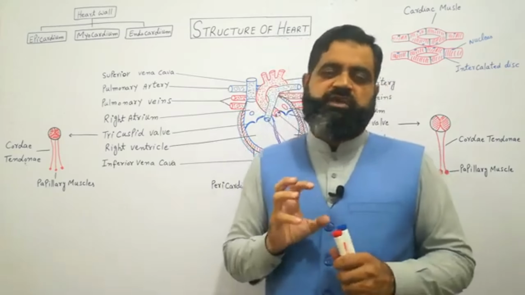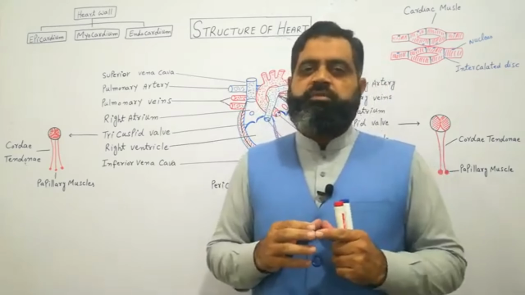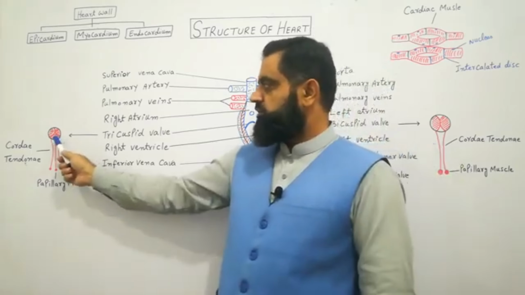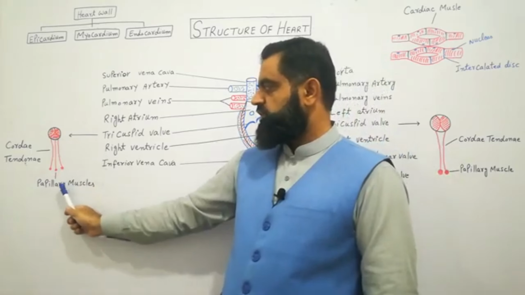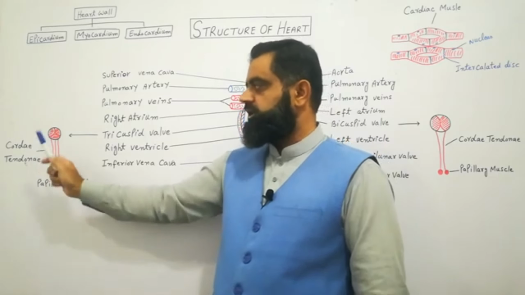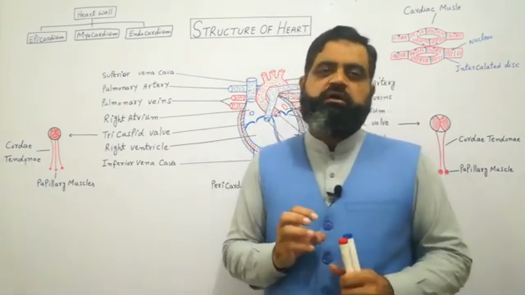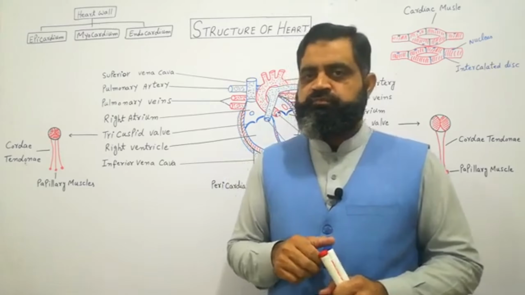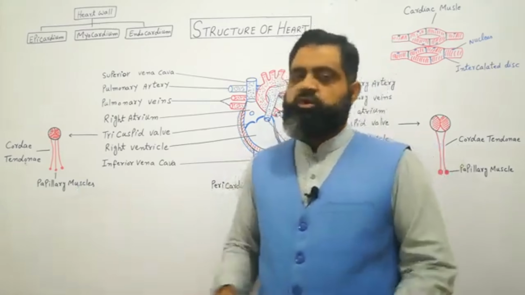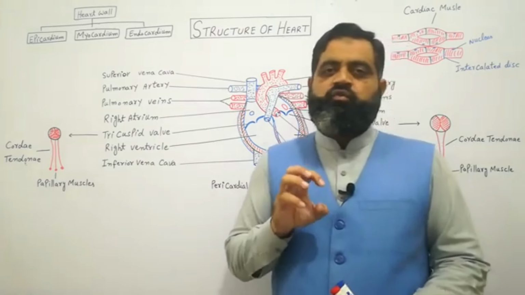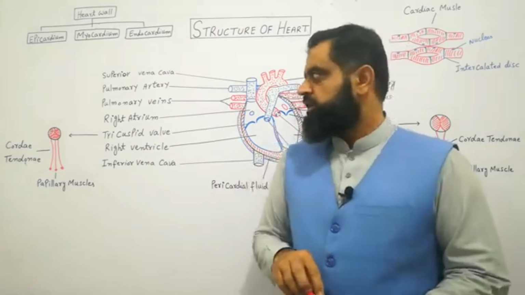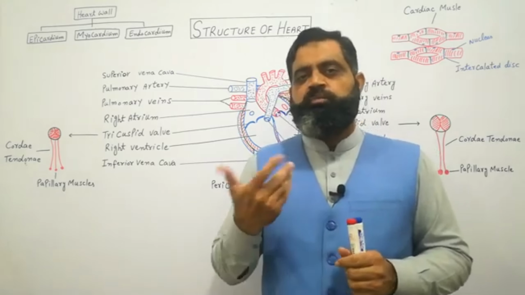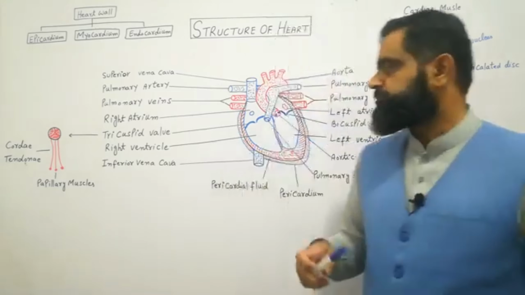These three flaps of tissue are made up of specialized connective tissues which are connected with papillary muscles with the help of chordae tendineae. Chordae tendineae are special cords made up of tendon connective tissue, while papillary muscles are located in the wall of our heart. These valves do not allow the blood to go back into the right atrium.